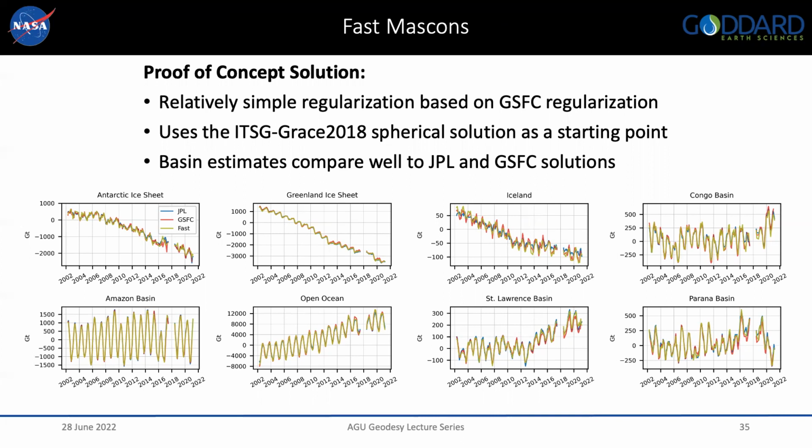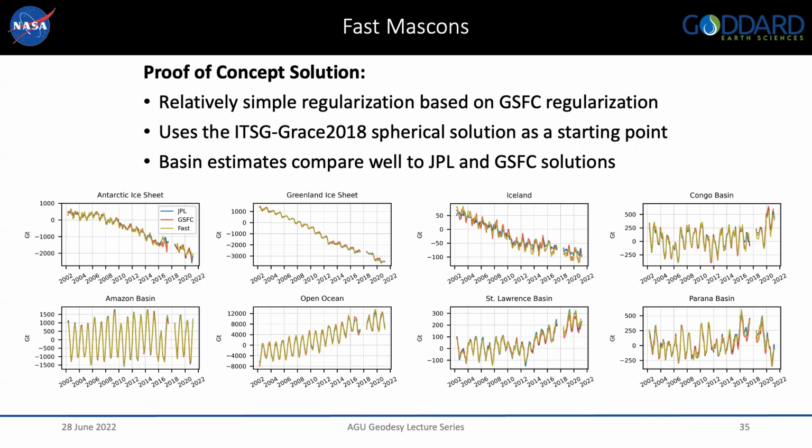The details, again, are in our paper, but you can think of this as an application of the same regularization process that we used at Goddard for our typical Goddard product, except that we simplified it a little bit in order for this proof of concept to be more straightforward, and built a slightly simpler regularization for this particular paper.